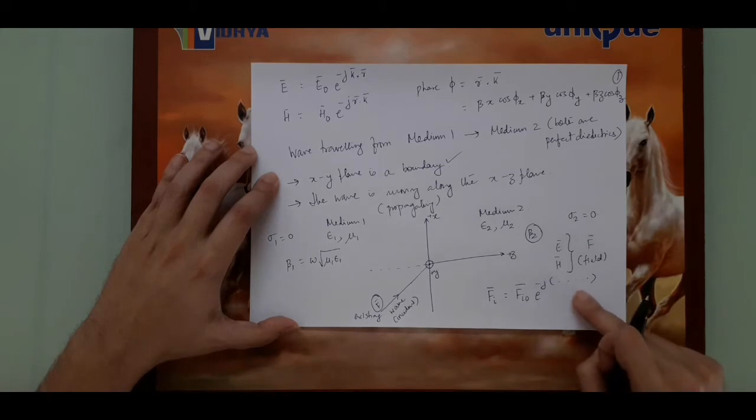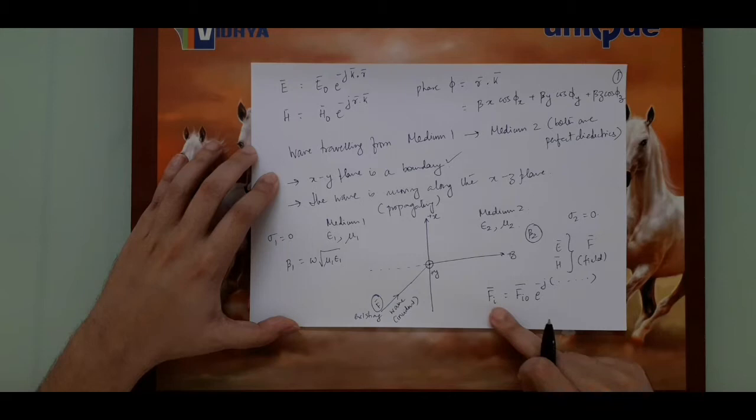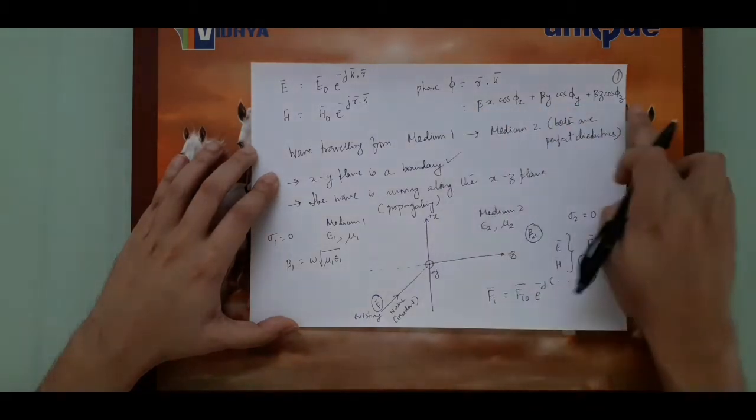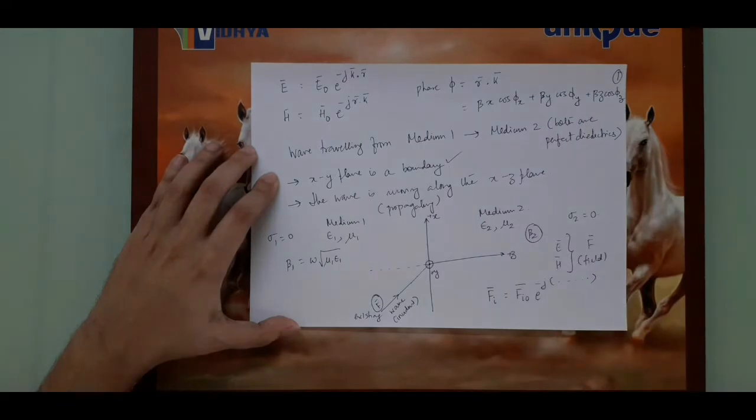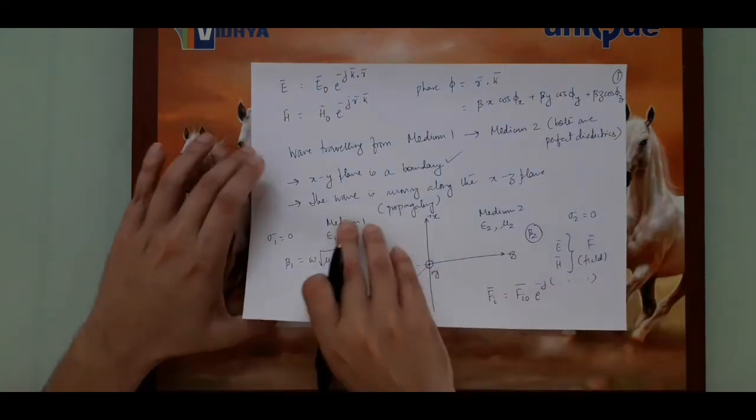So the space phase for this field Fi will be given by the beta, the xyz, and the direction cosines. So let us write it down.